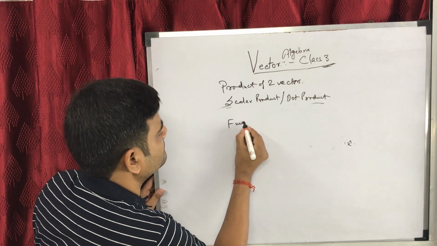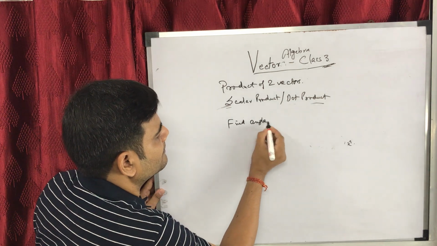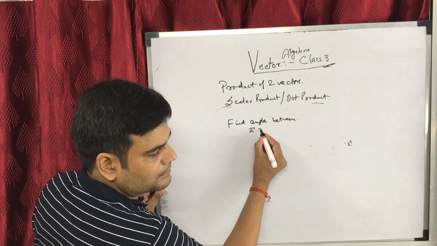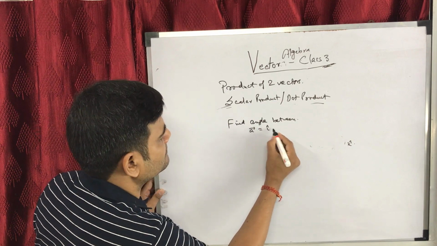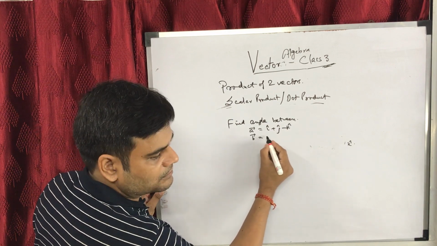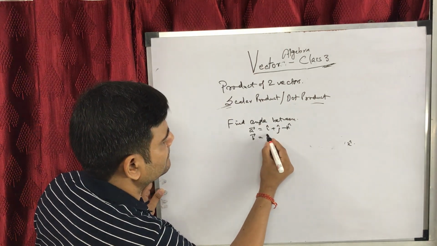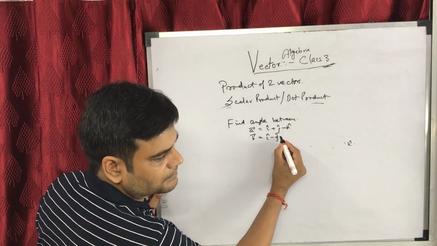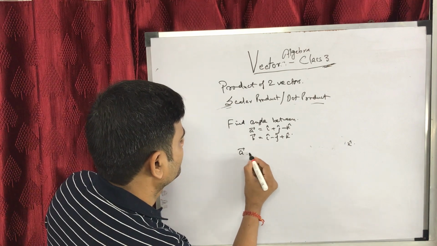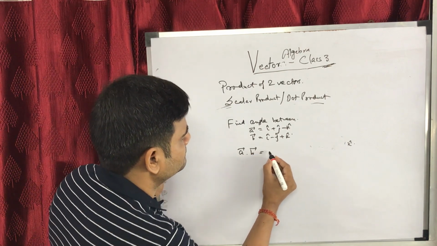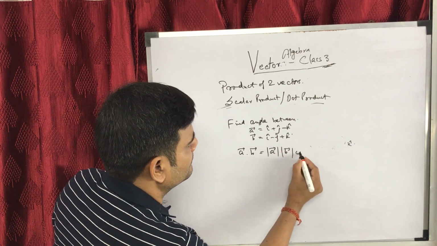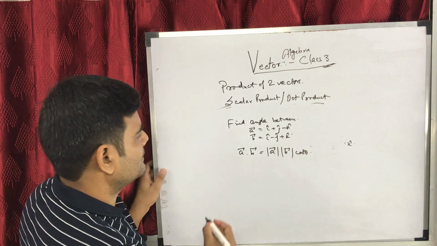Find the angle between A, that is i plus j minus k, and B equals i minus j plus k. So you very well know that A dot B is equal to A B cos theta.